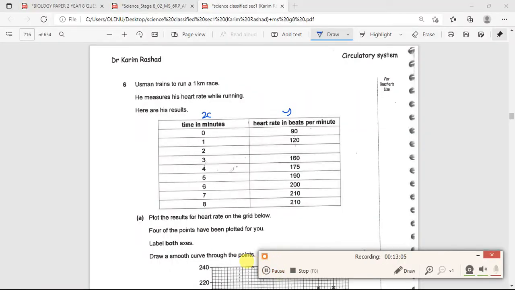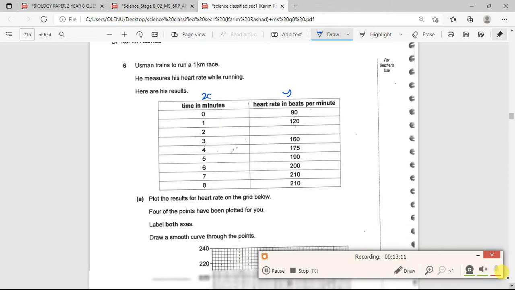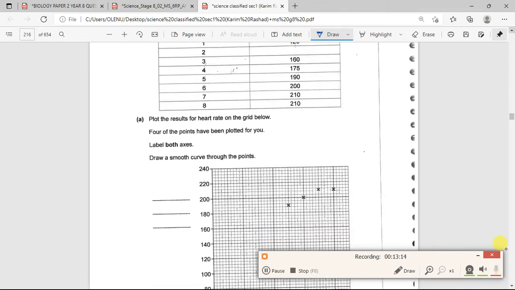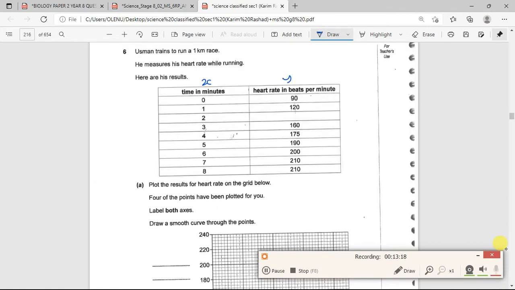This is the X and this is the Y axis. So my X axis will be time in minutes, while my Y axis will be heart rate in beats per minute.